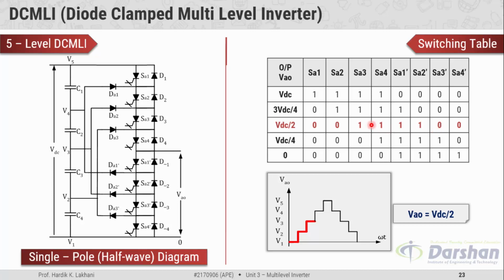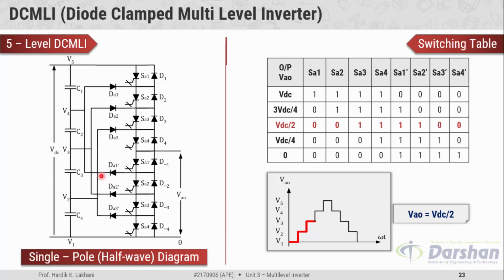So two switches from the upper half portion and two switches from the lower half portion are in the on state condition. As SA3 is triggered, diode DA2 comes into the forward bias condition, and hence V3 node gets connected to the upper terminal of output through this DA2, SA3 and SA4.